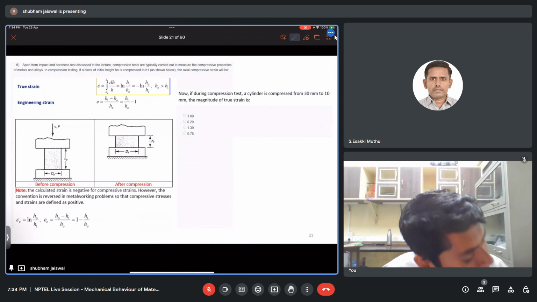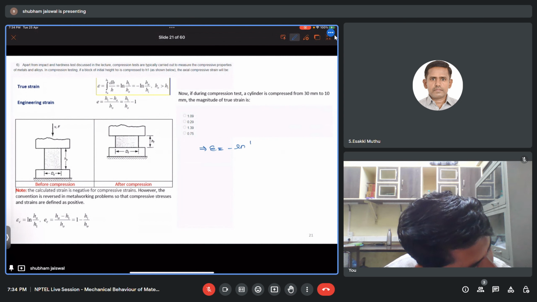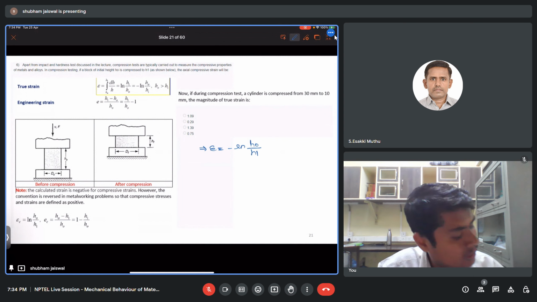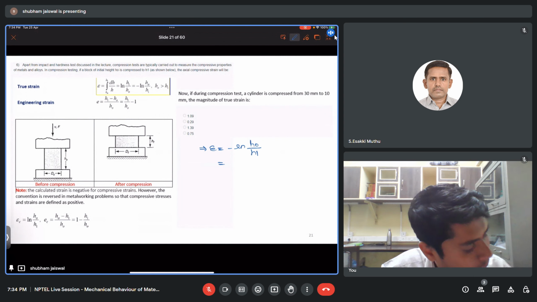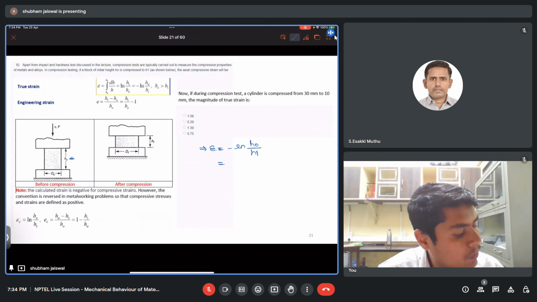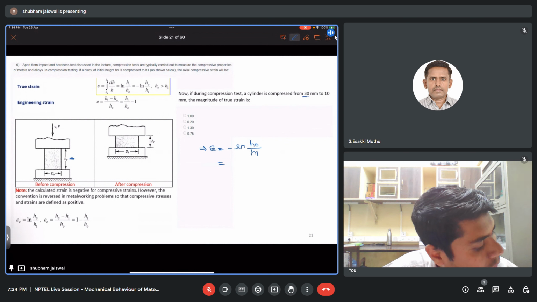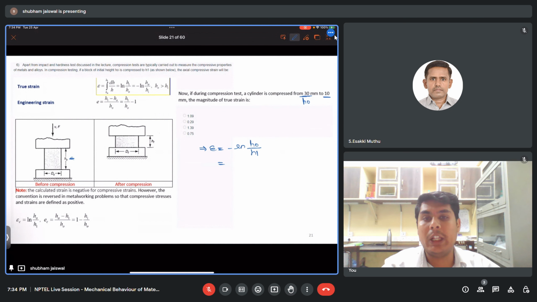Here we know the true strain is given by minus ln of h0 upon h1, where h0 is the initial height and h1 is the height after compression. The initial height is 30 mm, so this is our h0, and 10 mm is the height after compression, so this is our h1.